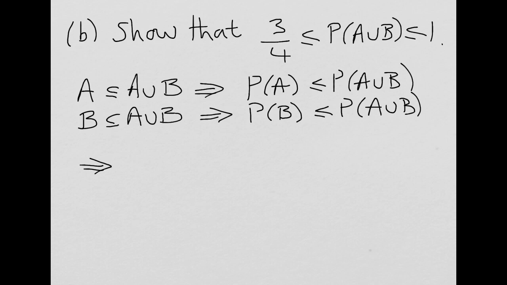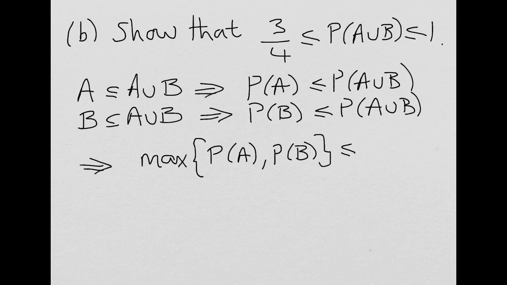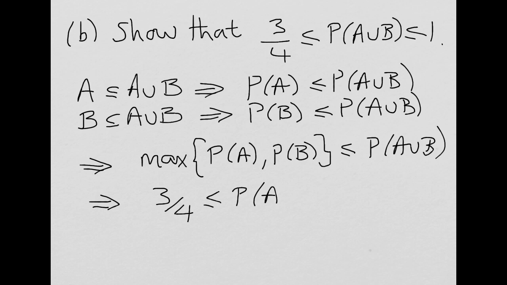What this means is that the probability of A union B has to be bigger than the maximum of the probability of A and the probability of B. The probability of A is a half, the probability of B is 3/4, so this shows that the probability of A union B can't be smaller than 3/4.